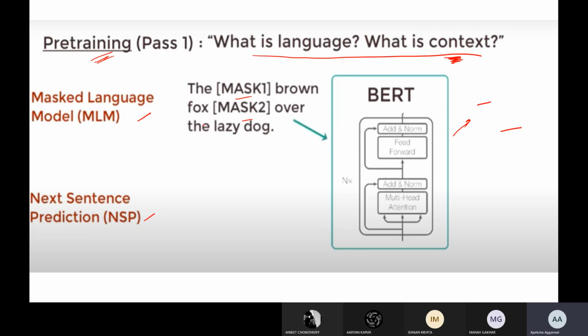So for 'the dash brown fox, the dash over the lazy dog,' it will predict the dash words and train your model on that.